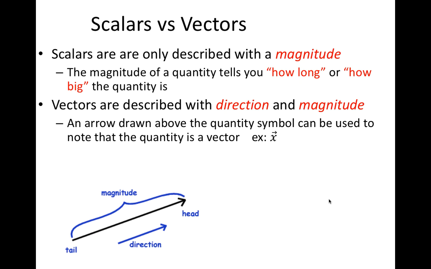It's common to represent vectors by drawing an arrow pointing in the direction of the vector. And the length of the arrow indicates the magnitude of the vector.